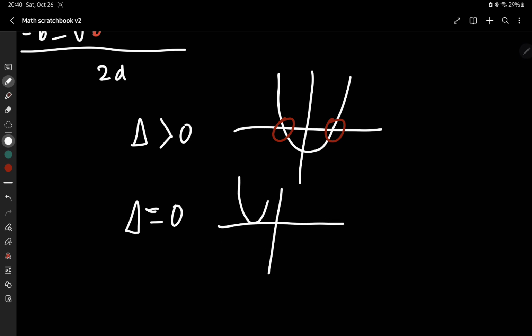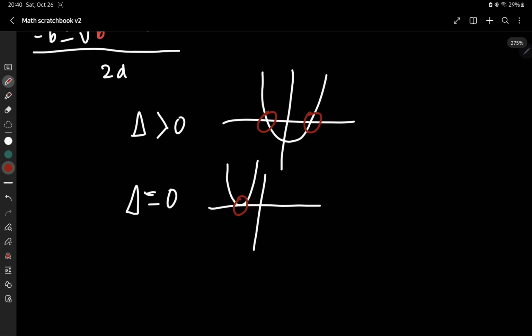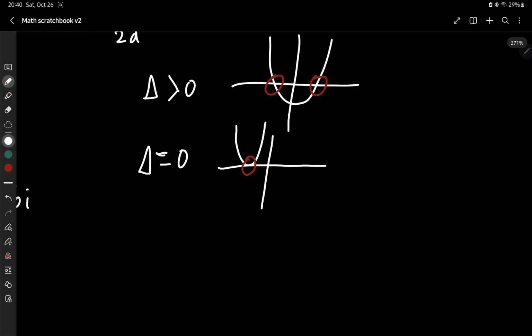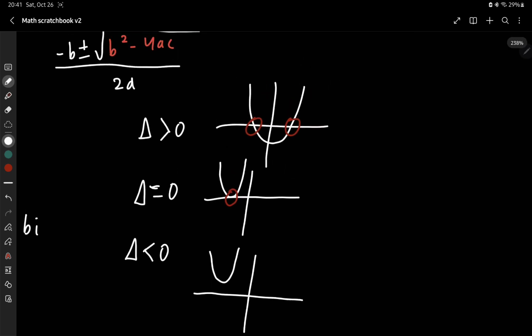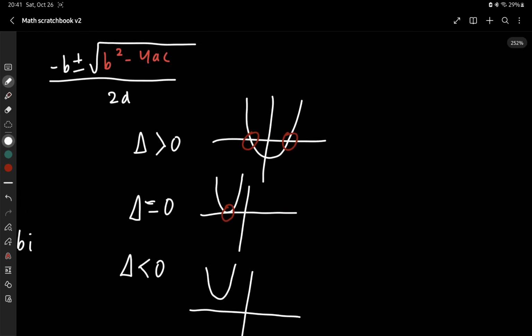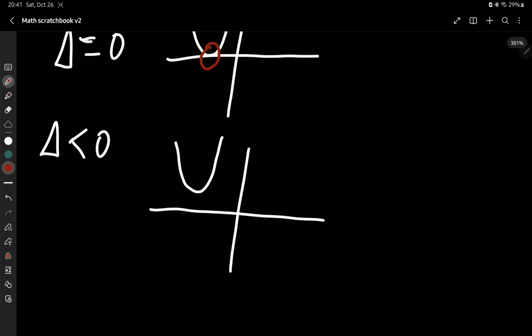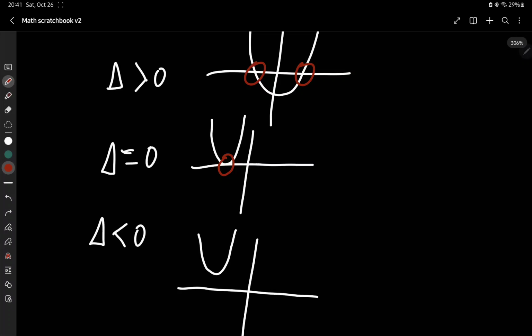So it will touch the axis and then bounce back out. But if delta is less than 0, that means it's a negative number, which means there are no points of intersection, at least in the Cartesian real space, because if we look here, it doesn't actually cross the x-axis at all.